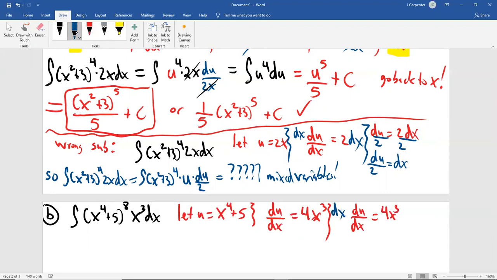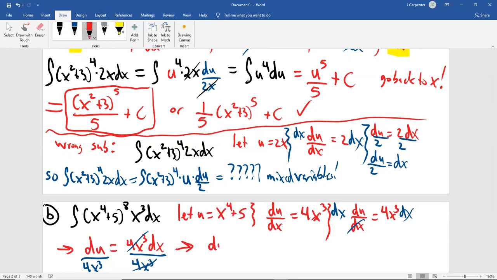Multiply by dx so that those cancel, giving us du equals 4x cubed dx. Divide both sides by the stuff that's not dx on its side. 4x cubed, 4x cubed, so that those cancel, giving us du over 4x cubed is equal to dx.